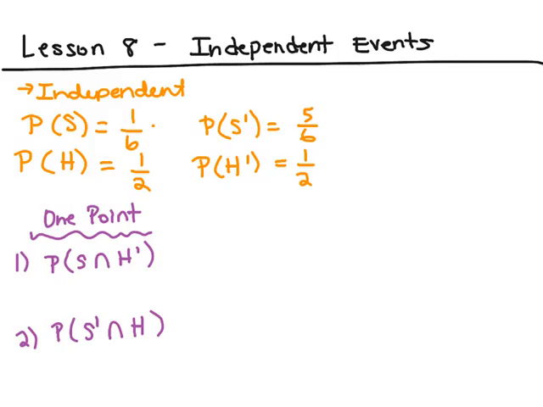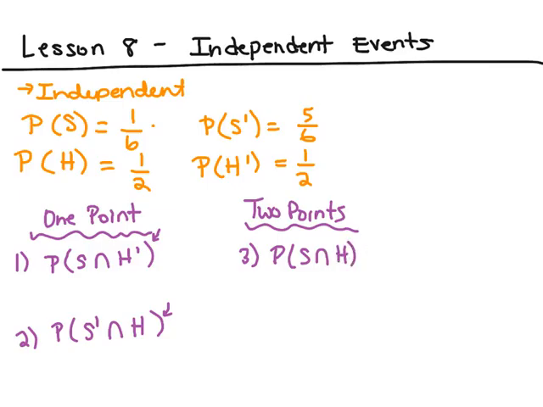So this one you get the 6 right, this one you get the heads. To get 2 points, this is our third outcome, you'd have to get both the 6 and the heads. And to get no points, which is our fourth outcome, you would have to have not a 6 and not a head.